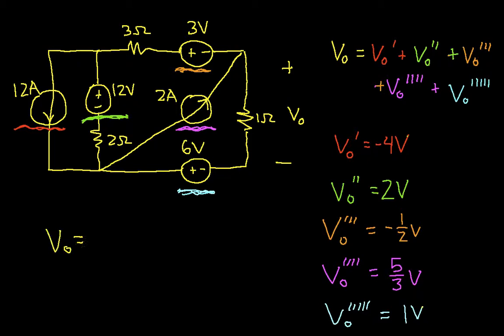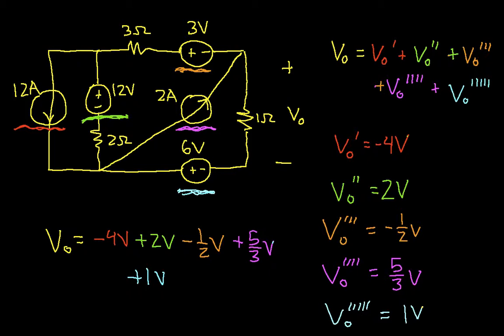So we have V0 will be minus 4 volts plus 2 volts minus 1/2 volt plus 5/3 volts plus 1 volt.